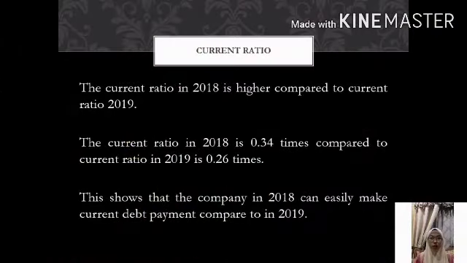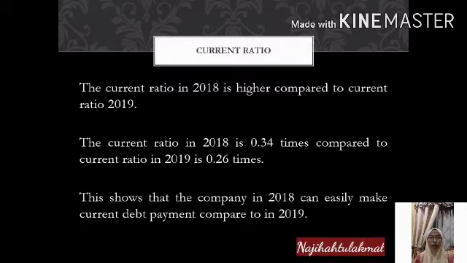I am Najihatul Akmal binti Maliki, and I will present the financial analysis of Berjaya Food Berhad. The liquidity position of Berjaya Food Berhad in 2018 is better than in 2019. This can be seen from the current ratio, quick ratio, and cash ratio.